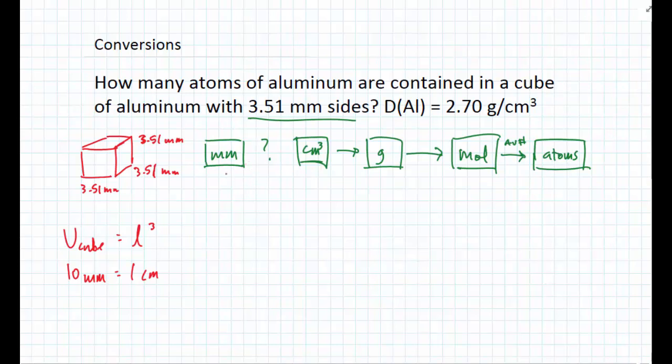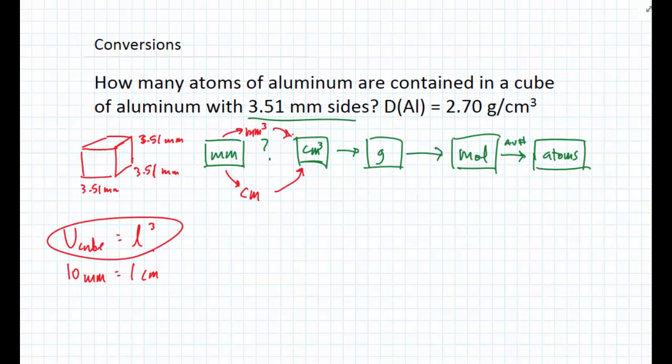You could go millimeters to centimeters, and then do this to get the cubic unit. You could go millimeters and cube it first, and then do centimeters that way. Both of them have things you need to be slightly careful about. So there's a little hint. Pick one way, though. Doesn't matter.